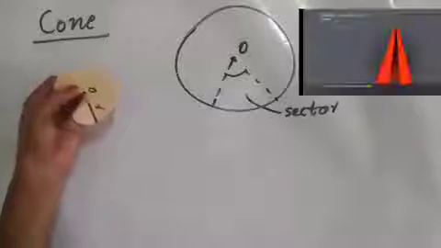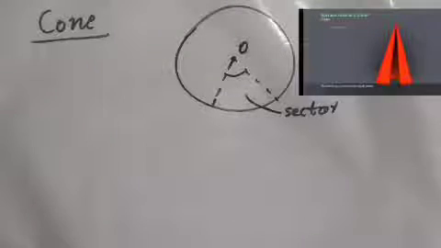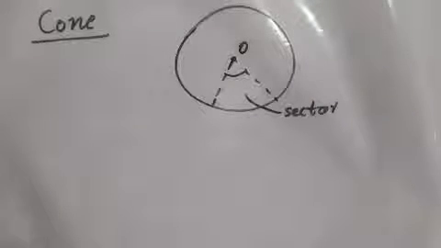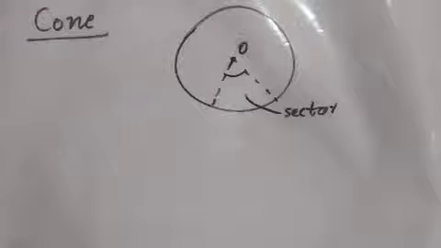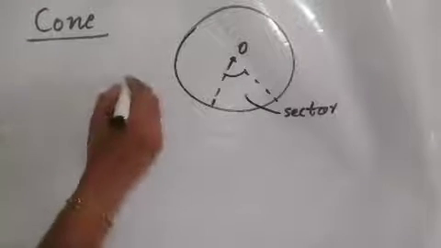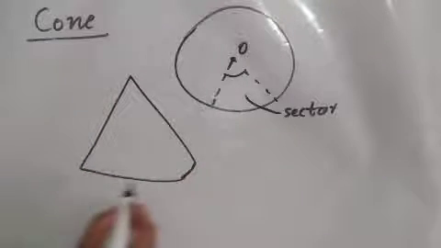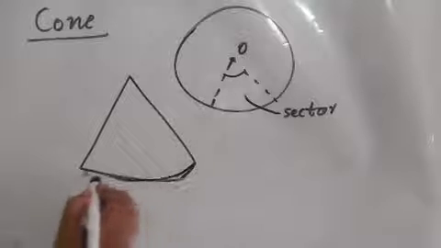Or you can say that the solid obtained on revolving a right angled triangle about one of its sides is called the cone or a right circular cone. Conical shape. You are familiar with the conical shape. Birthday hats are in the shape of cone.